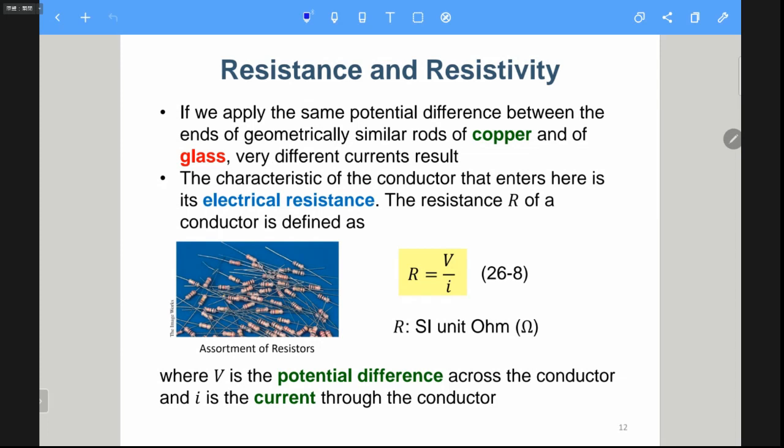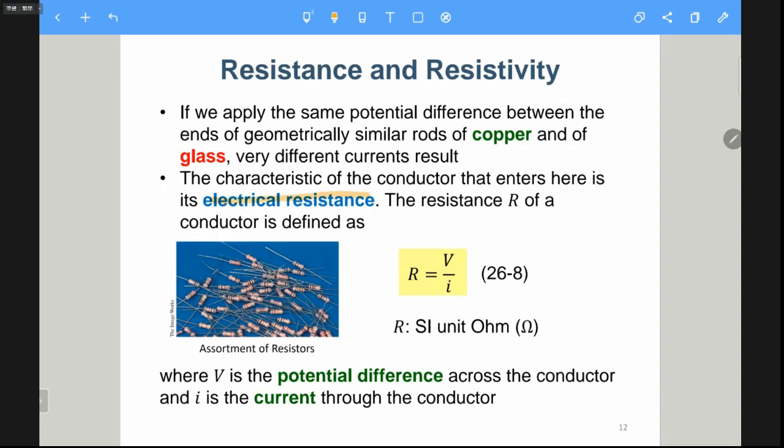Of course, you know copper is a conductor and glass is an insulator, so the current will be quite different. So the characteristic of the conductor that enters here is electrical resistance. So it introduces this variable to explain this phenomenon.